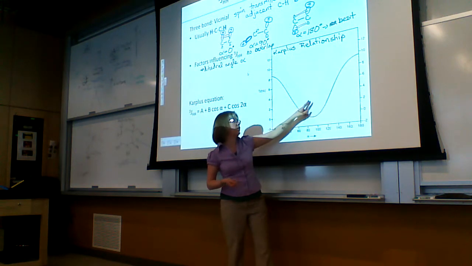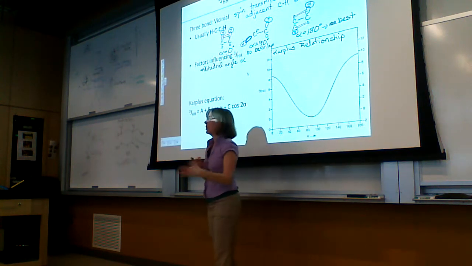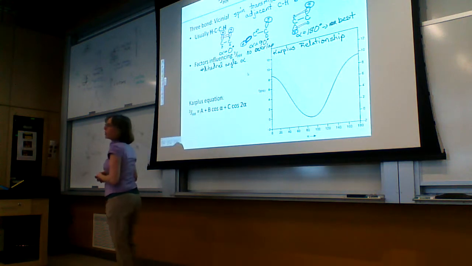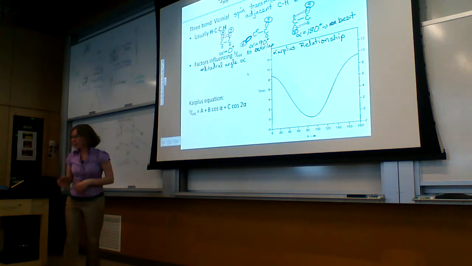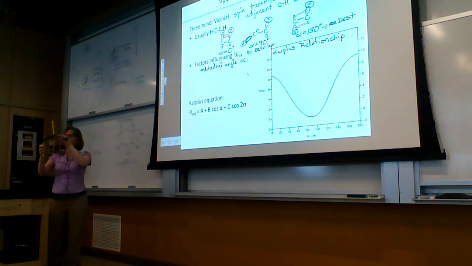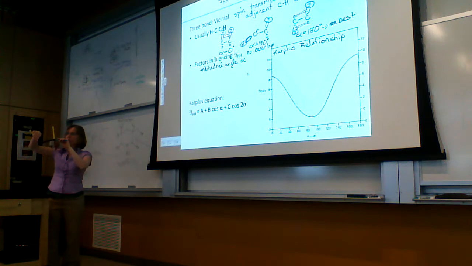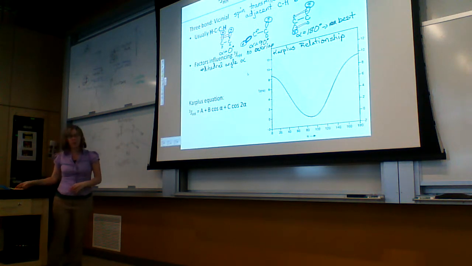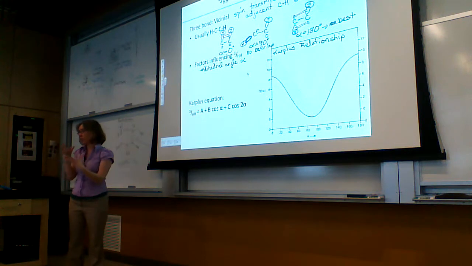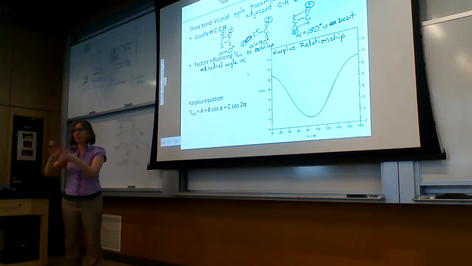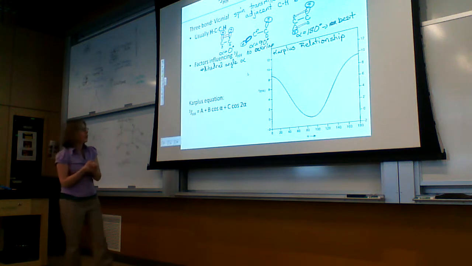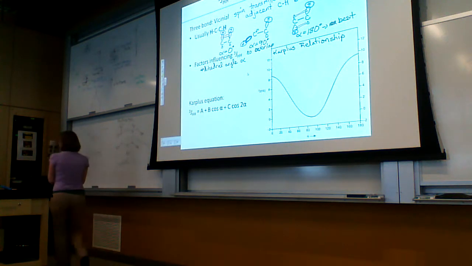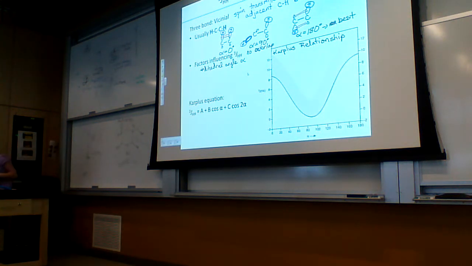So if you had a 90 degree angle, you're somewhere between 0 and 2 hertz for your coupling constant between the three-bond hydrogens. And again, we're just talking about the angle between those hydrogens. This will matter a lot more in cyclic structures sometimes, because they get stuck in one conformation rather than being able to freely rotate.